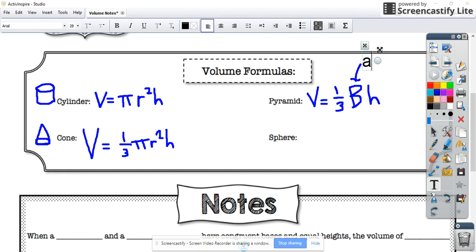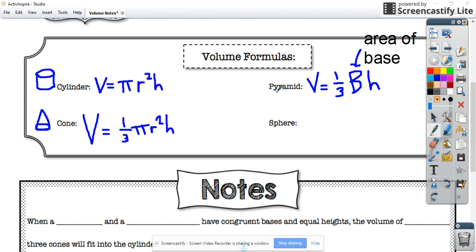So 1/3 times the area of the base, and then multiply that by the height of the pyramid. So if you have a pyramid with a rectangle base, you would have to find the area of a rectangle for this component.